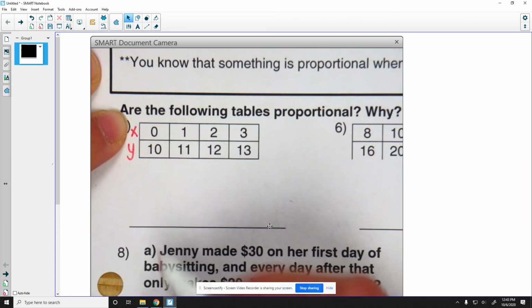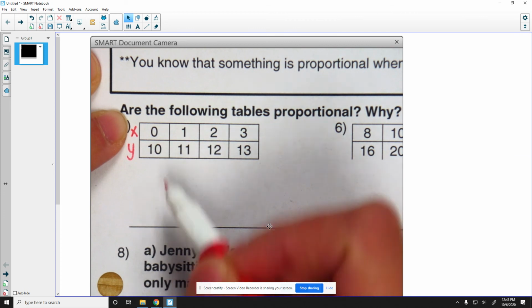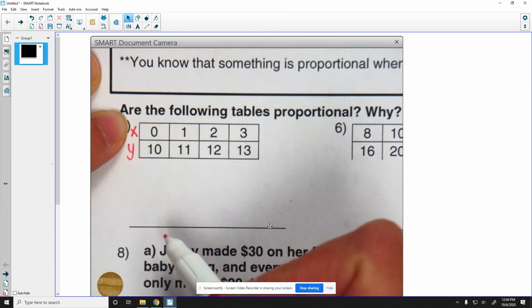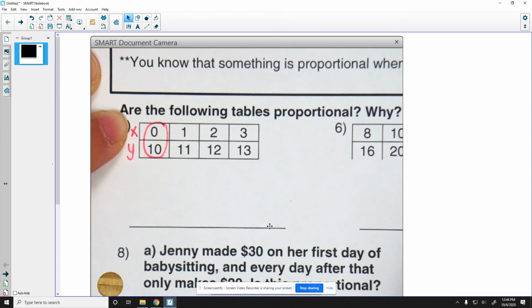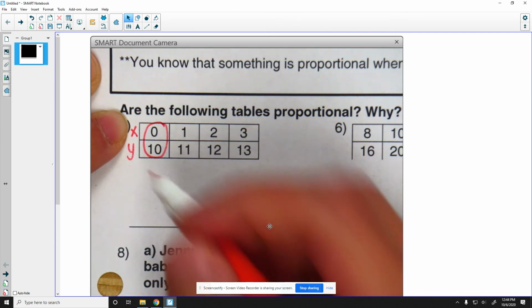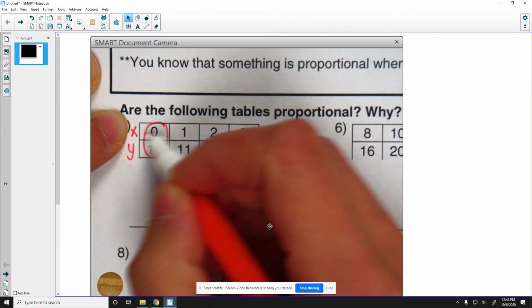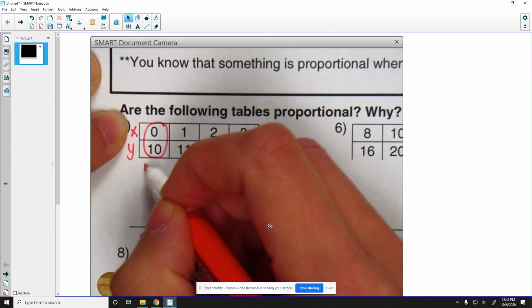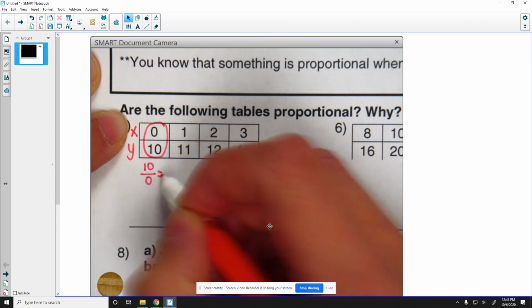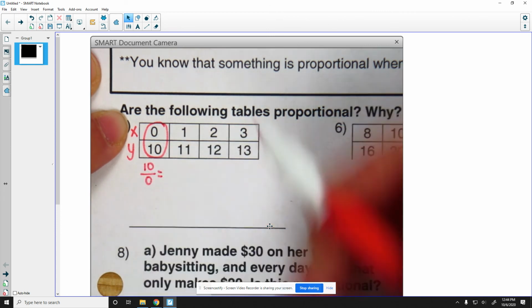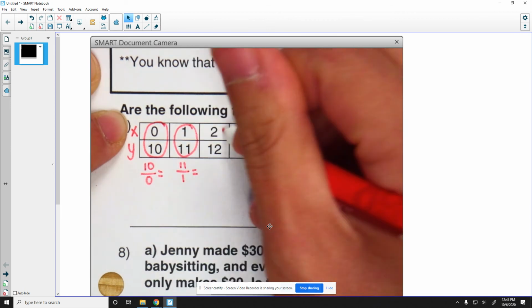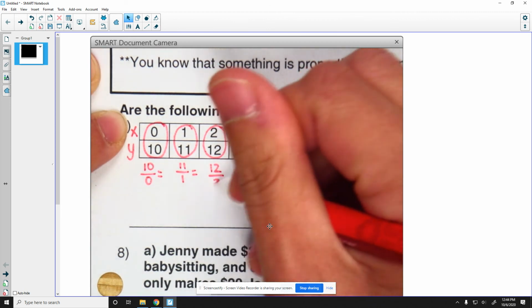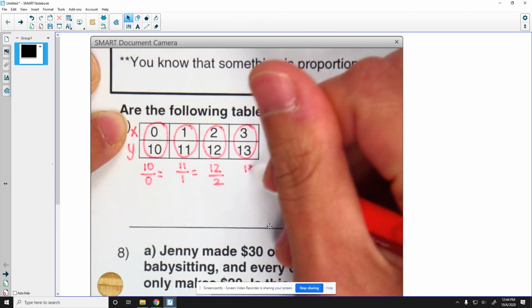Okay, so we said that for something to be proportional, your y's over x's have to be the same thing. So if I divide y over x, Frankie, turn around. I have my y here and my x here. So let's divide. Y is 10 divided by x. I would have to divide that, and it has to equal the same thing as this one, which is y over x, and this one, which is y over x, and this one, which is y over x.